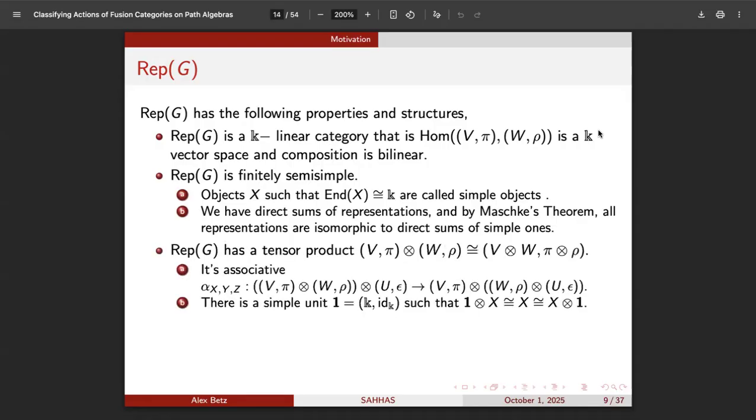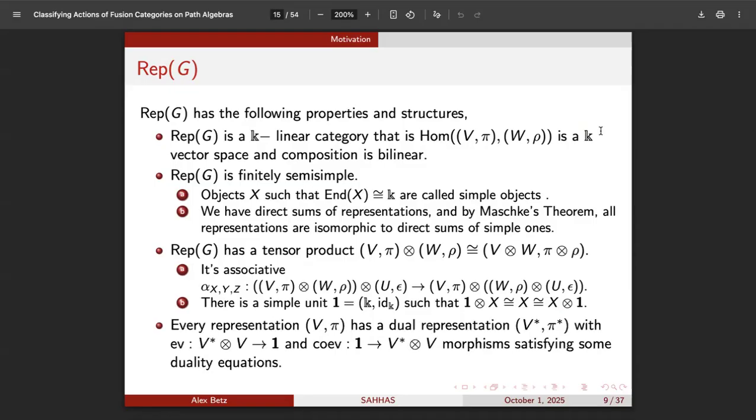We have an associative tensor product. We can take two representations and take their tensor product, or take three, and the ordering in which we tensor them doesn't matter up to isomorphism. We have a simple unit such that when we tensor it with a representation, nothing happens, up to isomorphism.